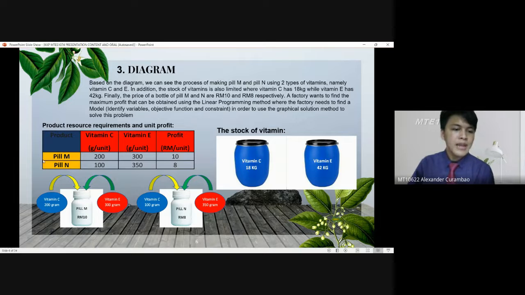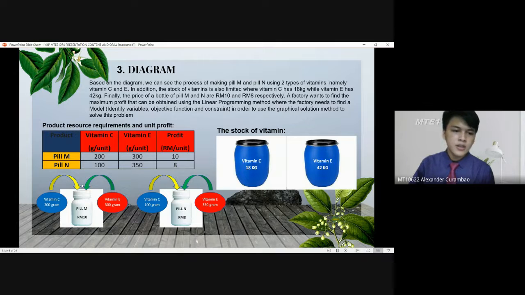Then pill N requires 100 grams per unit of vitamin C and 350 grams per unit of vitamin E. So if the factory sells one bottle of pill N, they will get a profit of 8 ringgit per bottle or per unit. Okay, this is the second diagram.